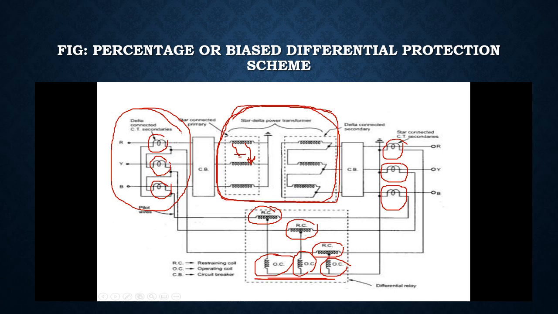Then the relay operates, meaning the relay contact closes. When the relay contact closes, it will energize the tripping circuit of the circuit breaker. Then the circuit breaker opens its contacts. Thus the power transformer can be protected from internal faults like phase to phase faults and phase to earth faults.